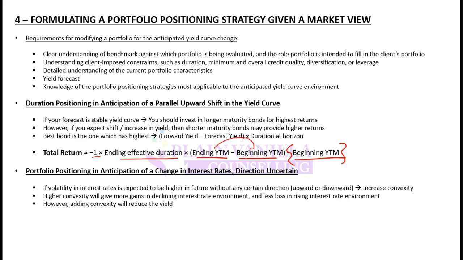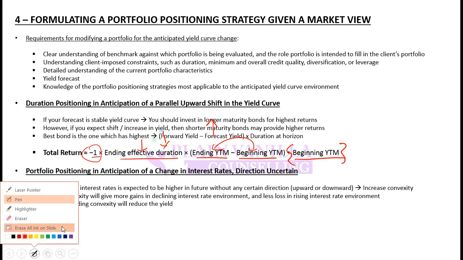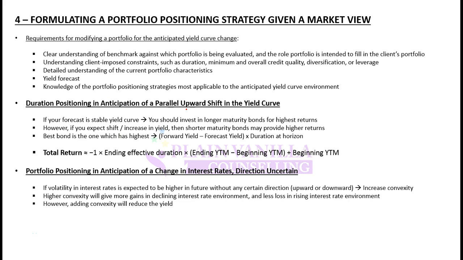That is the change in YTM multiplied by duration. And why multiply it by -1? Because if this change is positive, then the overall impact on the portfolio will be negative. If yield is decreasing, then the overall portfolio value will be higher. This is duration positioning in anticipation of a parallel upward shift in the yield curve. So far we have talked about a parallel upward shift.